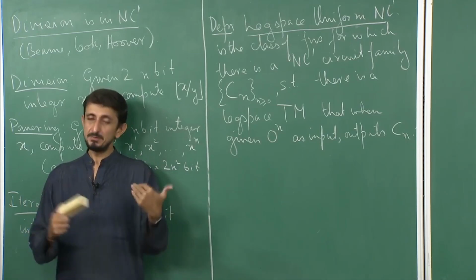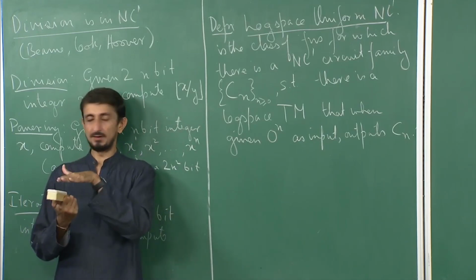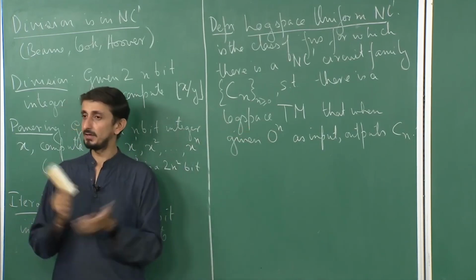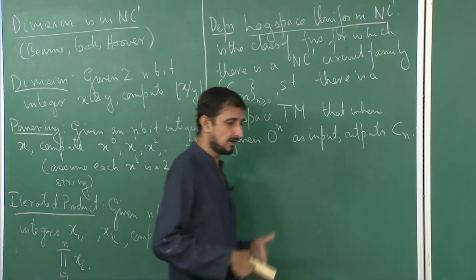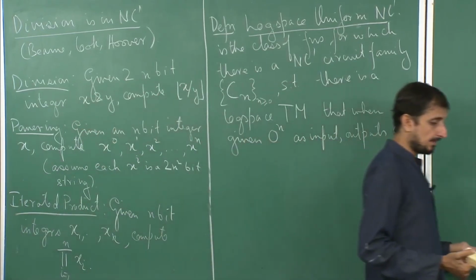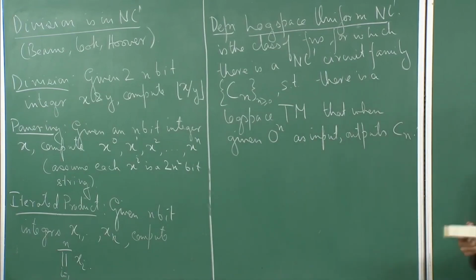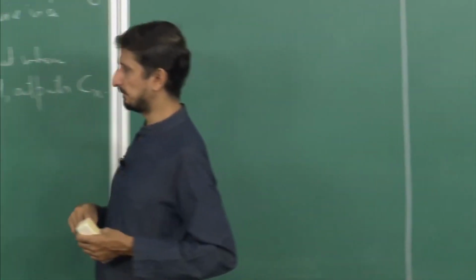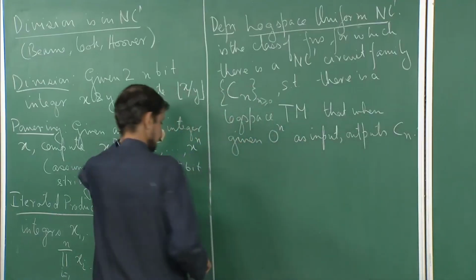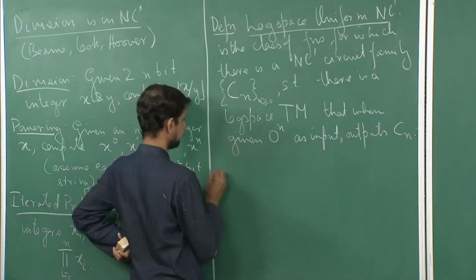That pre-computation might not be in NC1, it might be in log space, but that is still good enough for us because it does not look at the actual bits of the input. If you are not very clear, we will discuss this again when I come to it. Let me carry on.